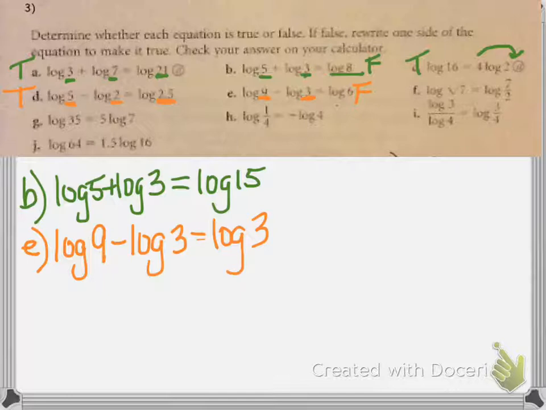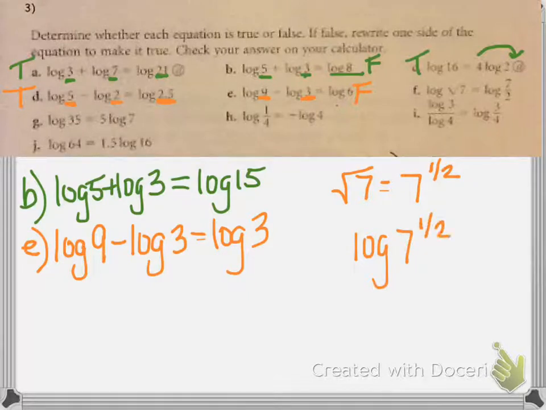Looking at F. So F says log square root of 7 equals log 7 divided by 2. So remember, square roots can be rewritten using our definition of rational exponents. So square root of 7 can be rewritten as 7 to the 1/2 power. So if I had log 7 to the 1/2 power, the power property tells me to take my exponent and put it in front of my log.